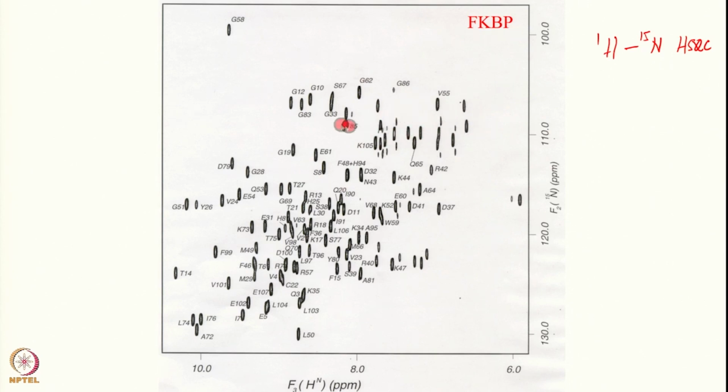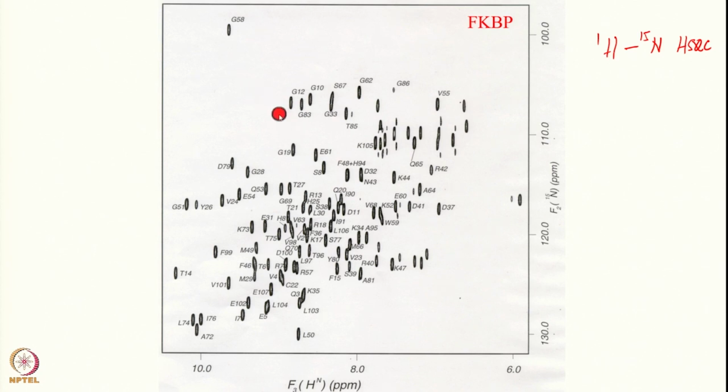All the other peaks appearing here are from the backbone of the protein, and you get one peak per residue. Every amide proton has a connection to its own N15. Therefore, you can see such a good distribution of the peaks. It is one of the very well behaved, very well folded proteins.